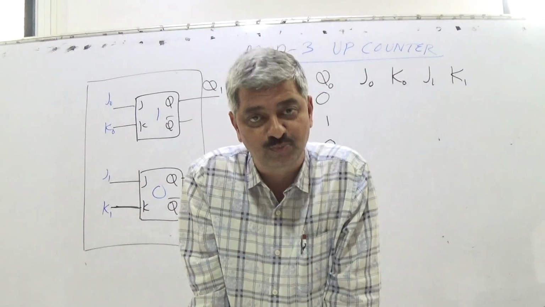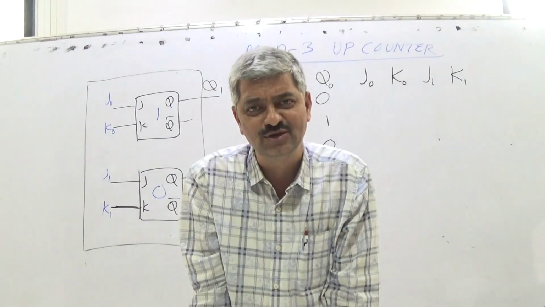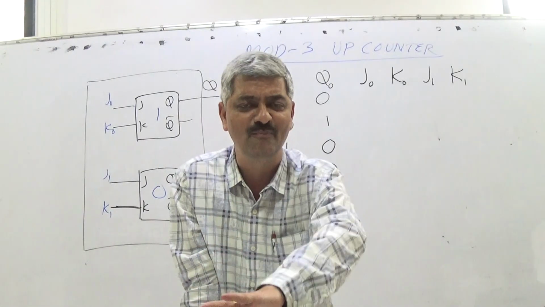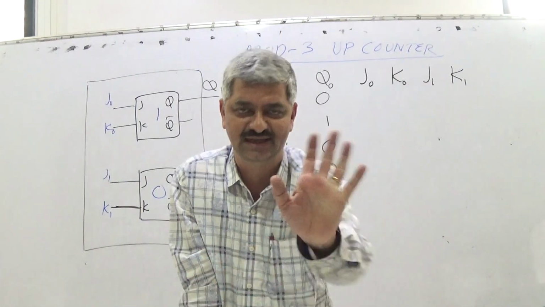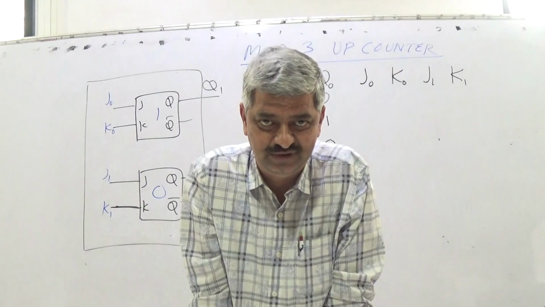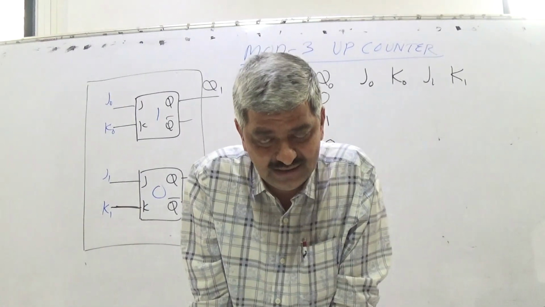So there are 2 outputs and 4 inputs. There are 2 outputs because Q0 bar and Q1 bar are just complementary outputs available to avoid a NOT gate. Otherwise, I can't treat them as separate outputs.